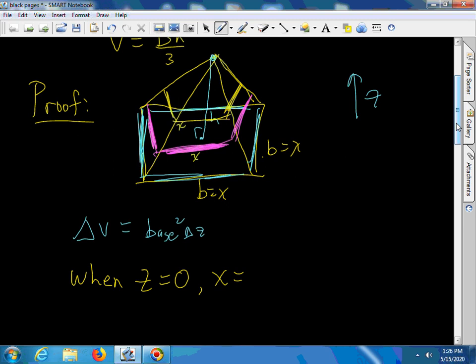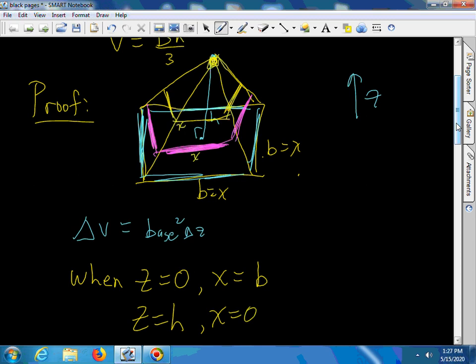So when z is 0, that is, when we're at the bottom, the base is going to be b units long. And when z is h at the top, up here, the square has sides of length 0.